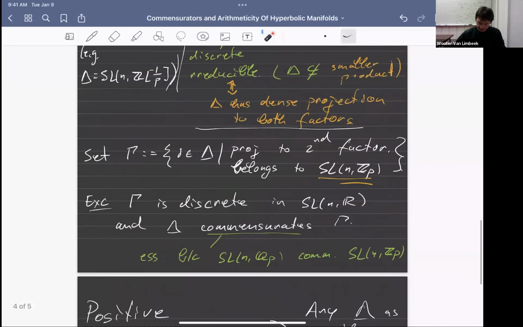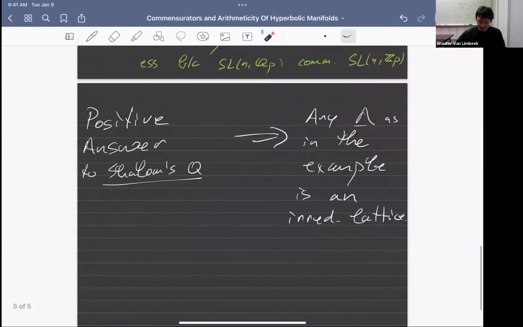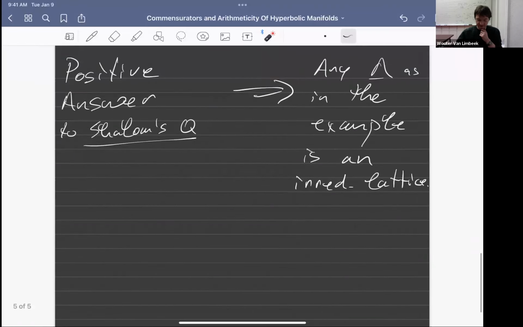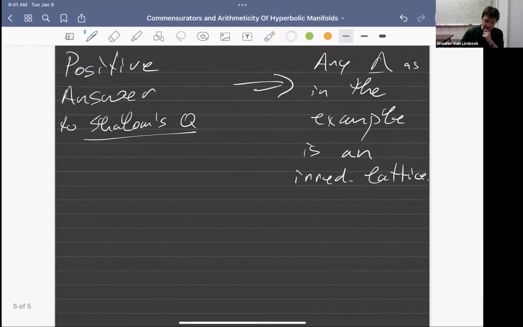I don't know if you believe that or not, but it goes both ways. If you can build a counterexample to that, you have a counterexample to this question of Shalom.